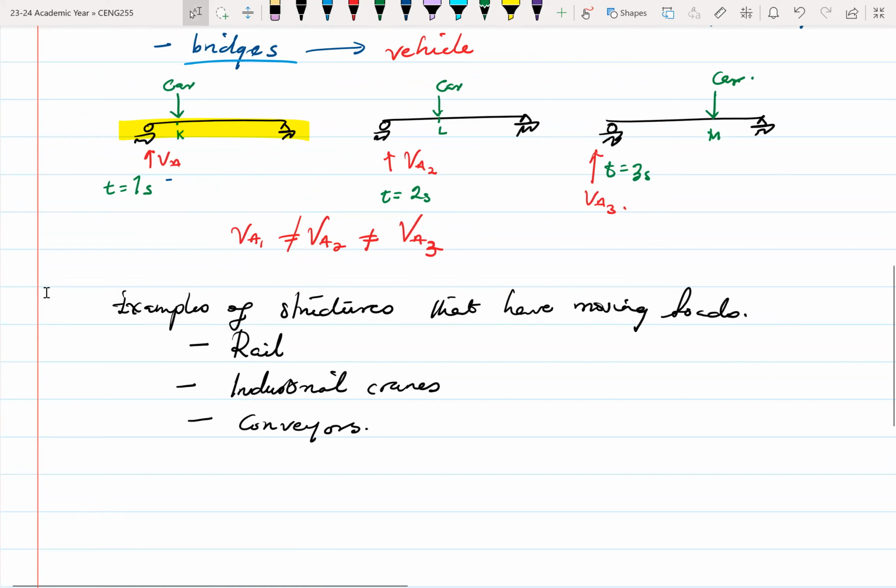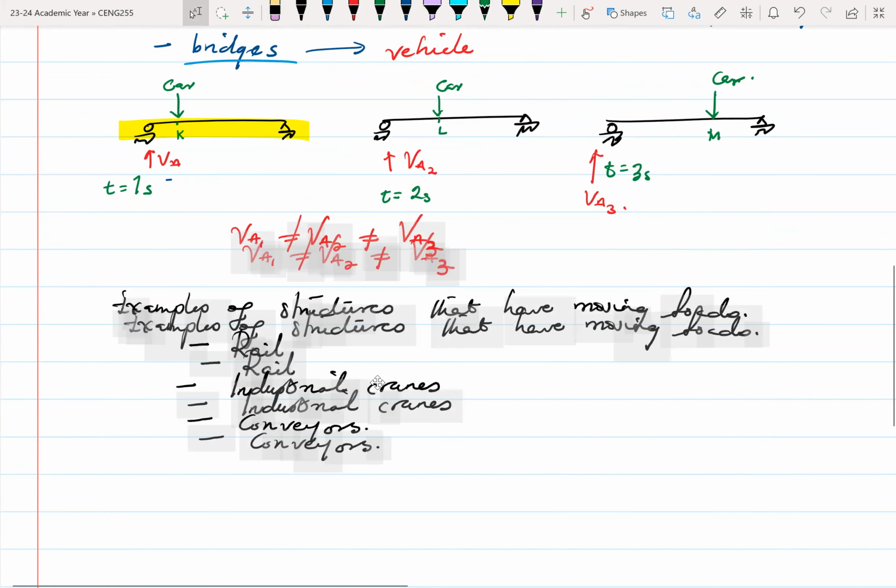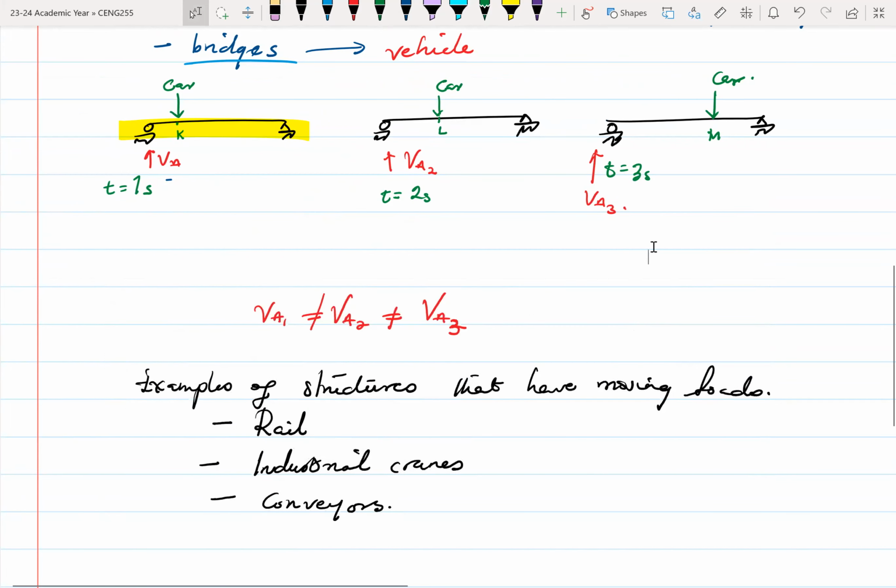Let me just create space below. Okay, so your shear force diagram looks this way. Now I think I have enough space to draw. So this could be a shear force diagram for t is equal to 1 second.